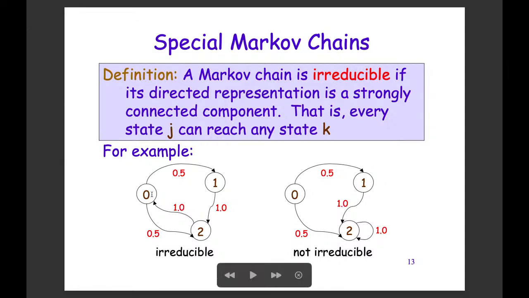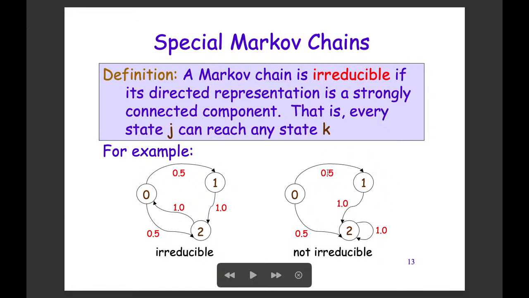Each vertex can go to any other vertex by traveling along the directed edges. For instance, 0 can go to 1, 0 can go to 2, 0 can also go back to 0. So it requires that every state can go to any other state, including itself. Actually, this example is easy to see, because there is a cycle connecting all these three vertices. So each vertex can go to any other place.